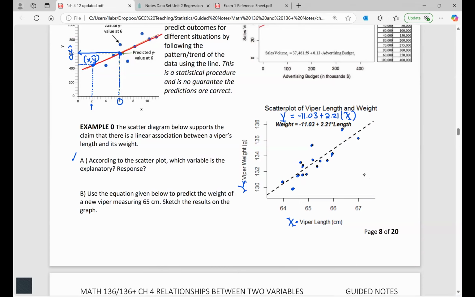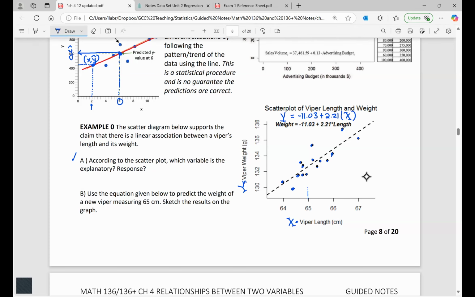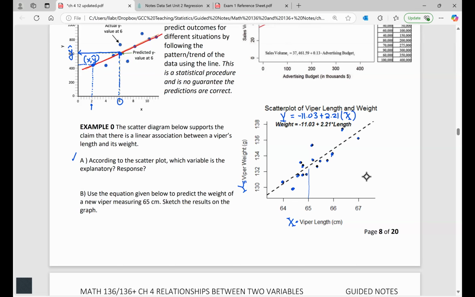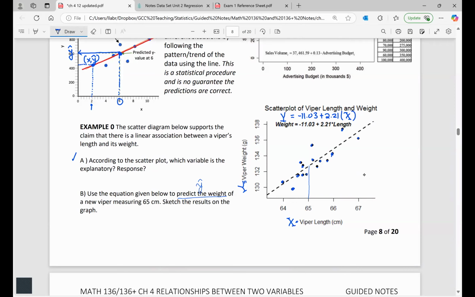So what I want to point out is that there is no viper that we measured that was 65 cm, or was there? Maybe that point might be 65, but because of the decimals and stuff, it might not be exactly 65. All right, so use the equation below to predict the weight. Okay, so we're predicting the weight, so that's y hat of a viper measuring 65 centimeters.